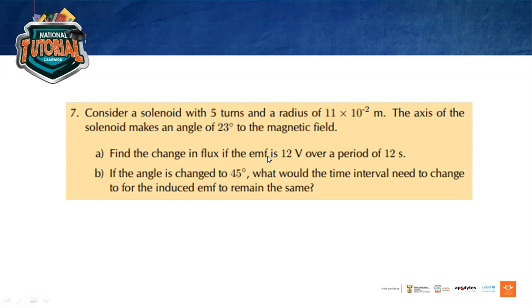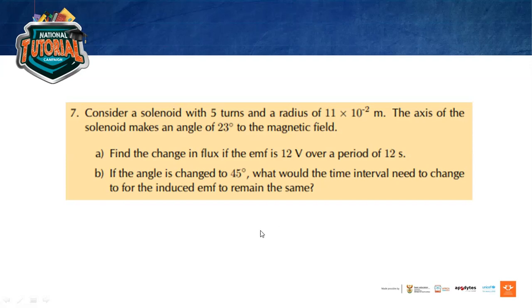So guys, this one is typically very similar to what we calculated on number 6. So here we would have our EMF is equal to number of turns times change in flux, divided by the change in time. But here they want the change in flux, so you don't have to separate them.